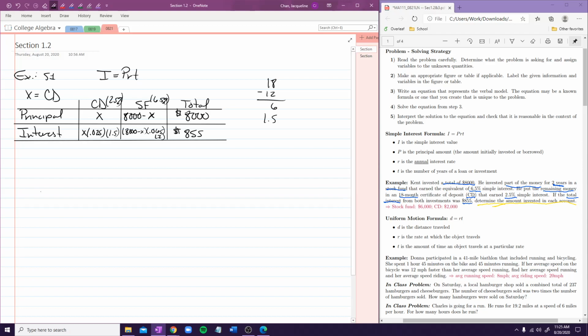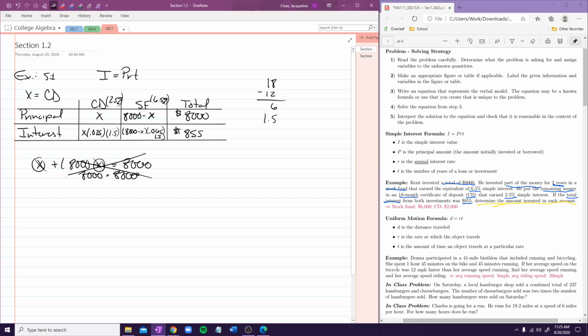If you set the principal amount of the CD plus the principal amount of the stock fund equal to the total, as you can see, these x's cancel each other out, so you get 8,000 is equal to 8,000. The best thing here is that you do get a check: did I compute this value correctly? These do equal. But this doesn't help us at all.